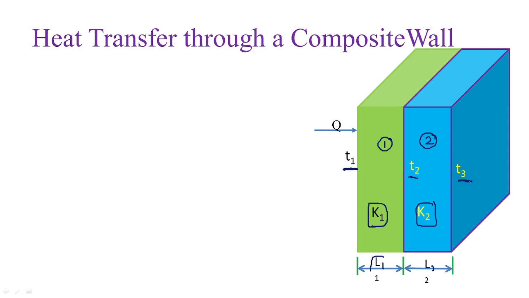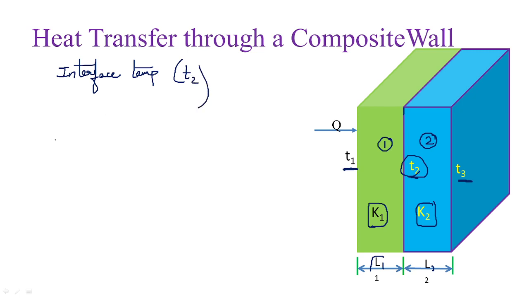T3 is the temperature of the other side of the wall. Then this junction where these two slabs are meeting is having a temperature of T2. We call this T2 temperature as interface temperature.